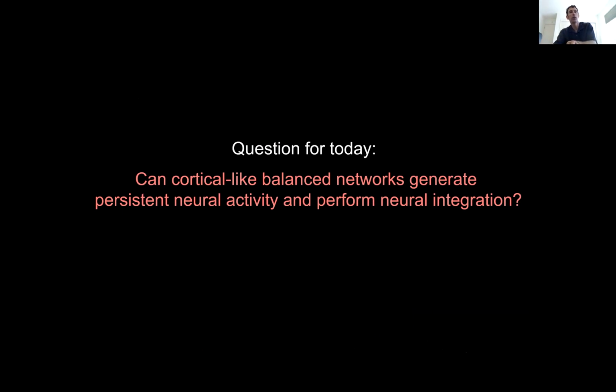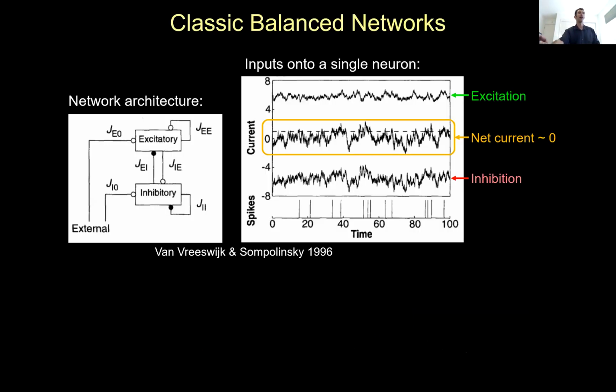I just want to set us back to the beginning in looking at classic balanced networks. So this is from the original groundbreaking paper of Carl van Vreeswijk and Haim Sompolinsky. And it had the following classic excitatory, inhibitory, recurrent cortical architecture.